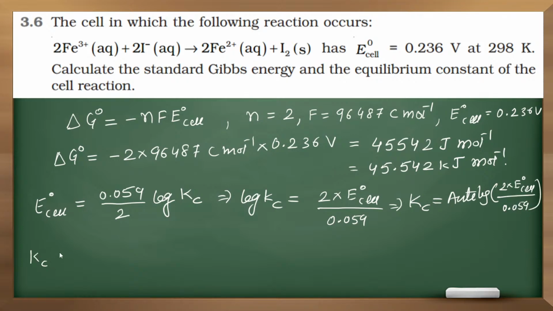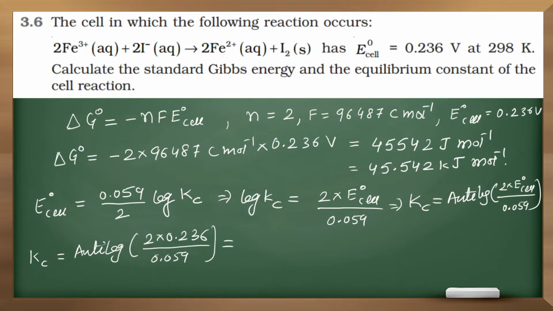So it means Kc is anti-log of 2 into 0.236 divided by 0.059. So it is roundabout 8.